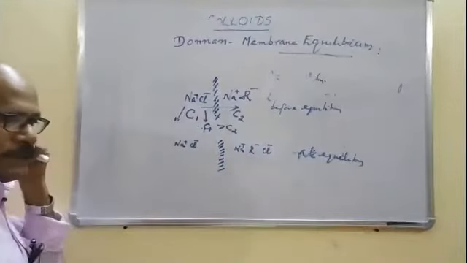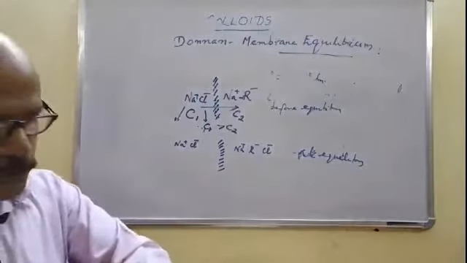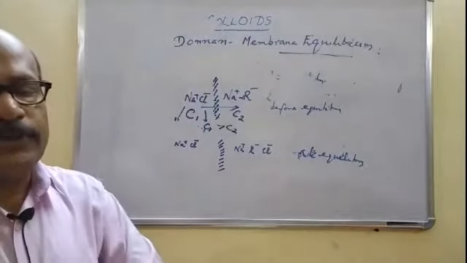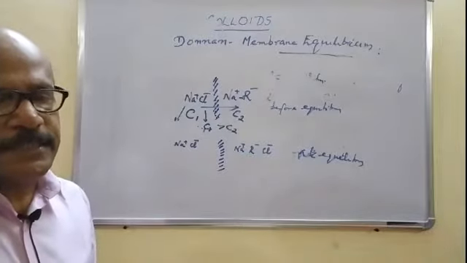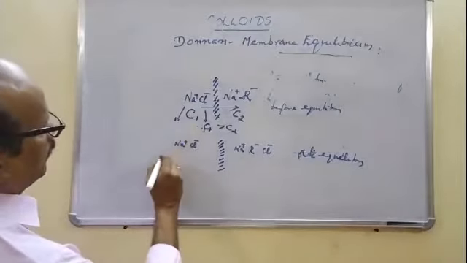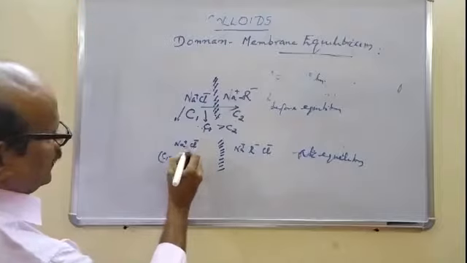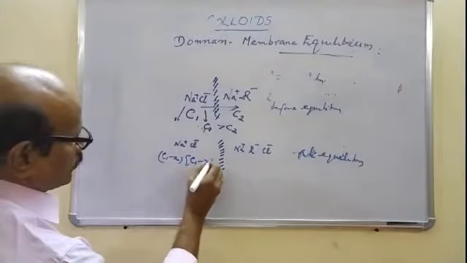At equilibrium, we assume that X is the number of moles of the Na plus and Cl minus, both ions that are diffused from left to right. So the concentration of Na plus at equilibrium is C1 minus X, and that of Cl minus is also C1 minus X. Okay.